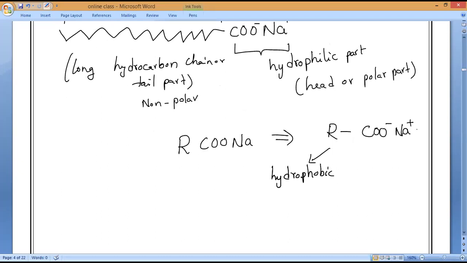Hydrophobic. And this one is called what? Sodium plus is called hydrophilic. Please remember, R indicates hydrophobic, and this Na plus indicates hydrophilic.